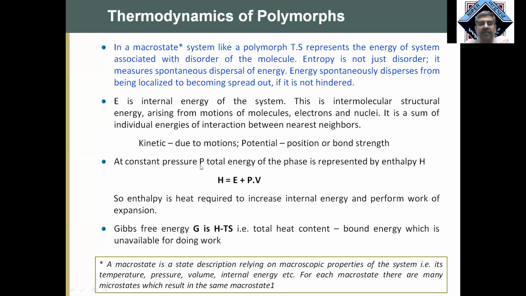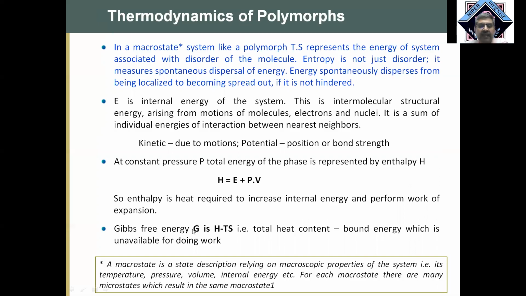At constant pressure P, total energy of the phase is represented by the enthalpy of the system, H. H is equal to E, the internal energy, plus pressure multiplied by volume. So enthalpy is the heat required to increase internal energy and perform work of expansion.